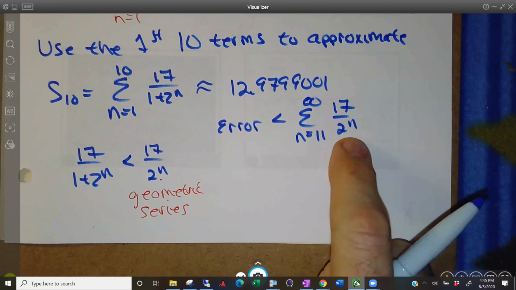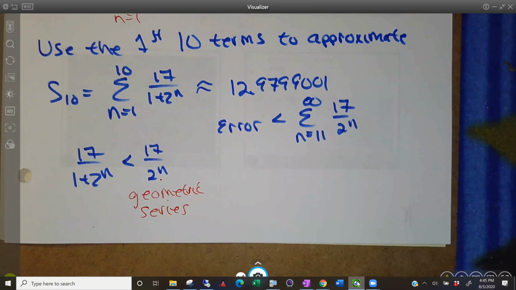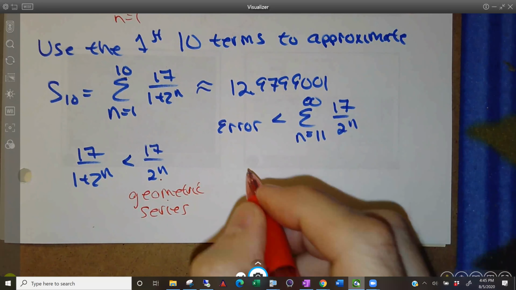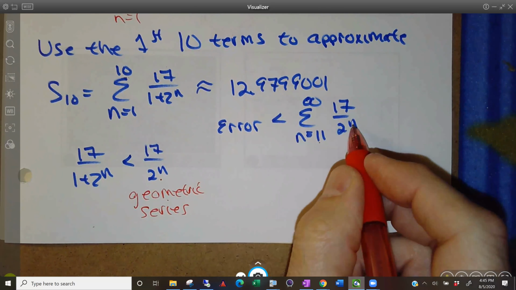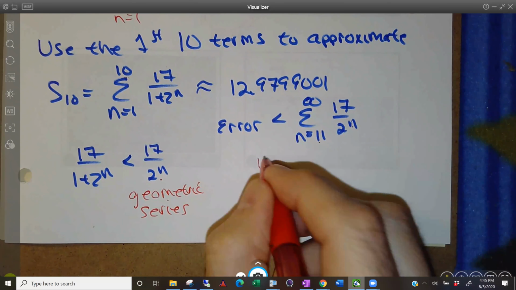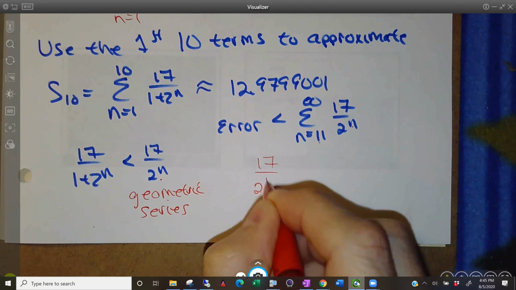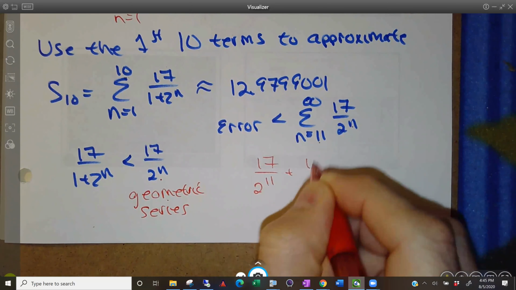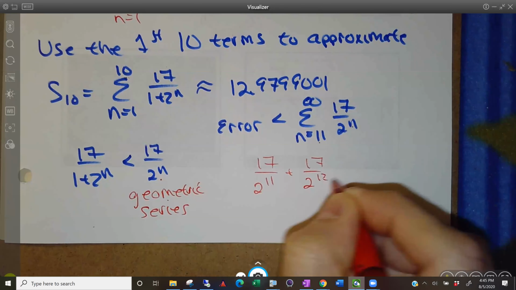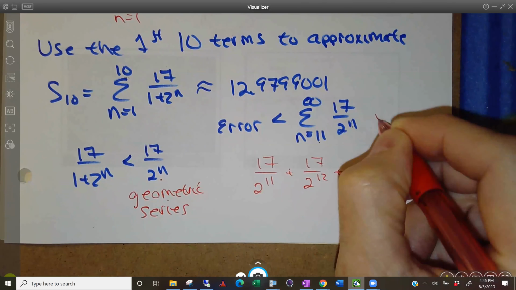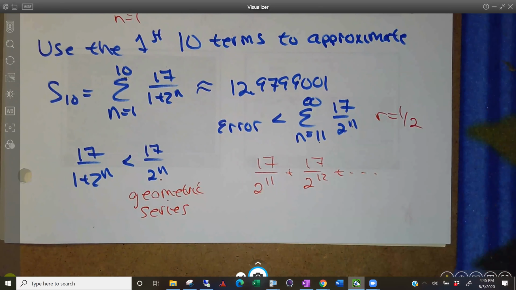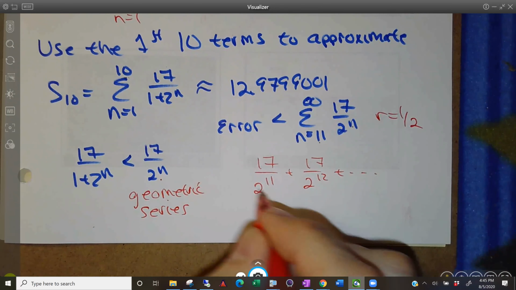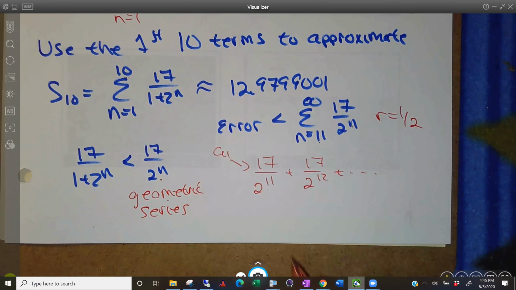And that's still a geometric series. If you look at the first term is when you plug in an n equals 11. I have 17 over 2 to the 11th plus 17 over 2 to the 12th. It's still a geometric series with r equal 1/2. That's your first term.